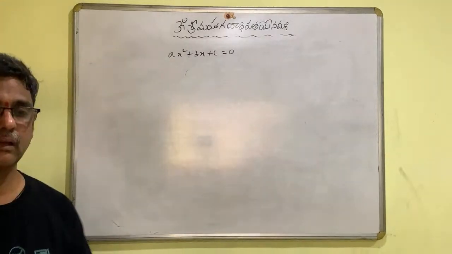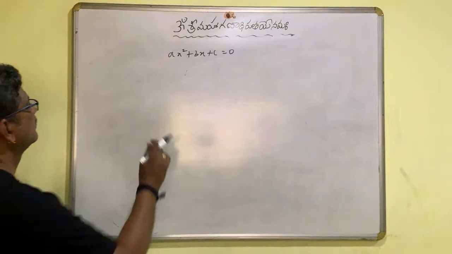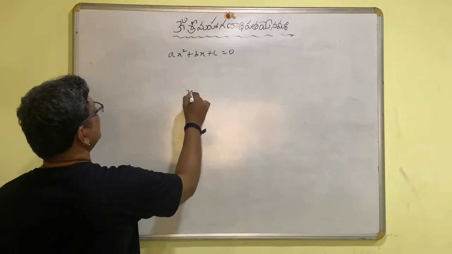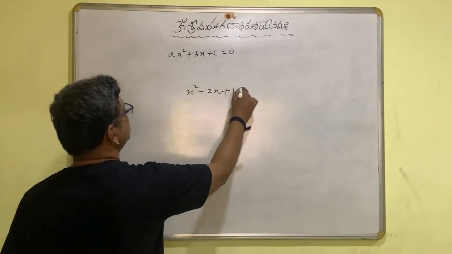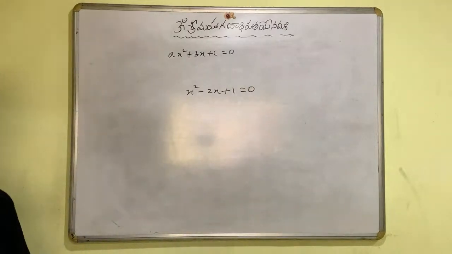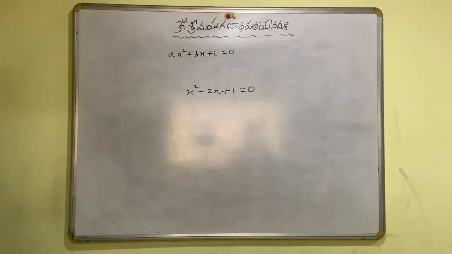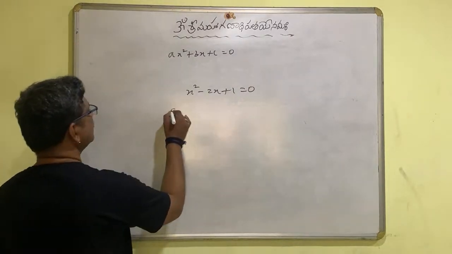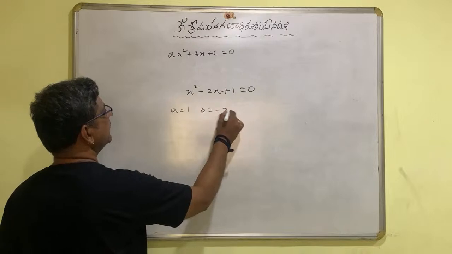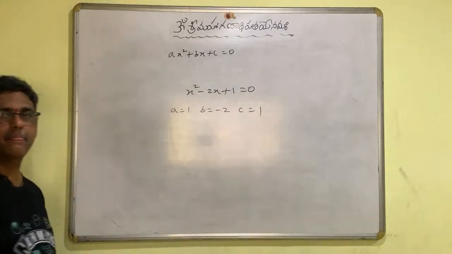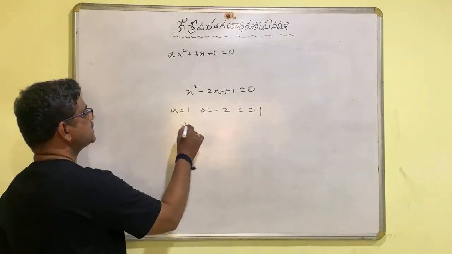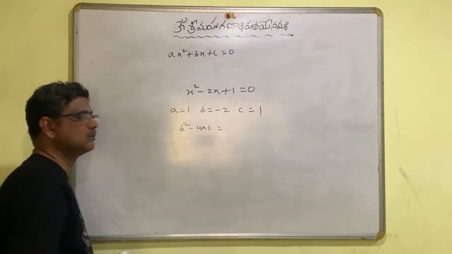Let us consider x square minus 2x plus 1 is equal to 0. Here a is 1, b is minus 2, c is 1. Now what is b square minus 4ac value?